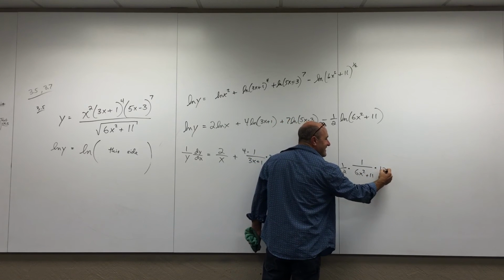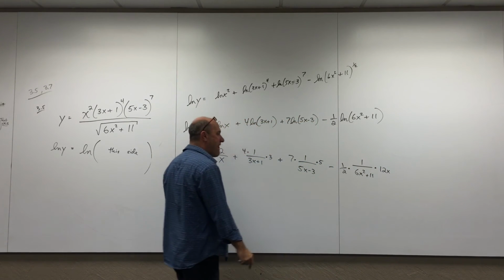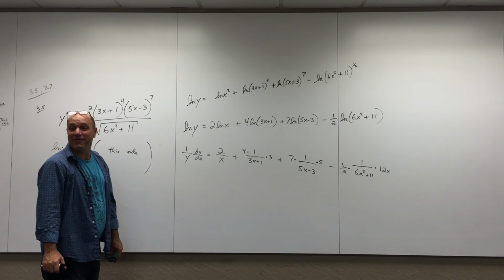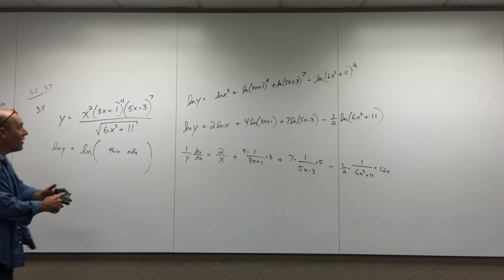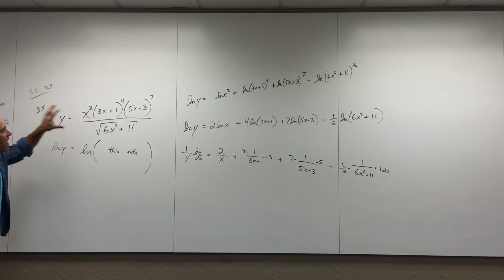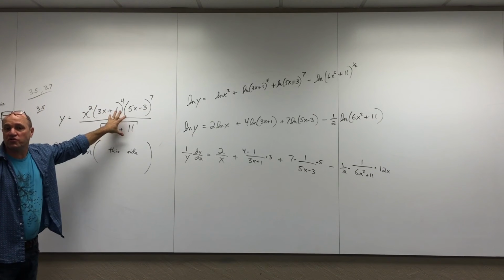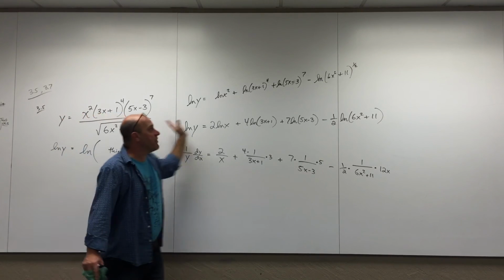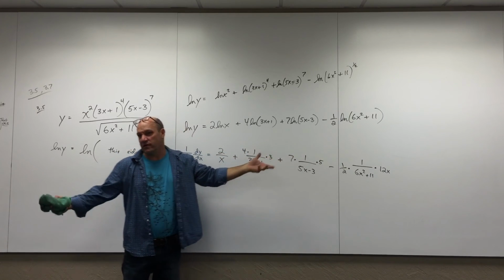Good. Dude, the derivative's done. Where is it? We just did a derivative. It wasn't that hard. Remember, it was going to be horrible. We used the properties of logs to bust up what would have been a terrible product or quotient rule. The properties of logs busted that all up and made the derivative sort of easy. Sort of.